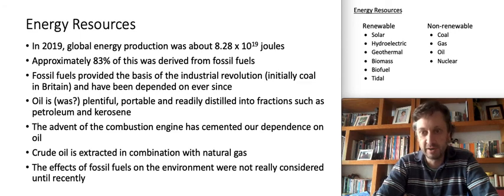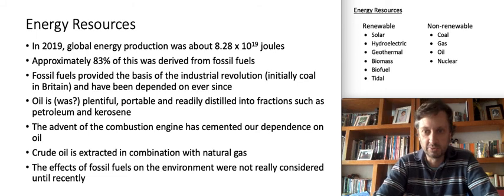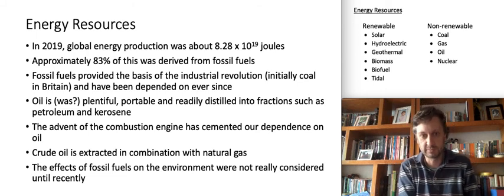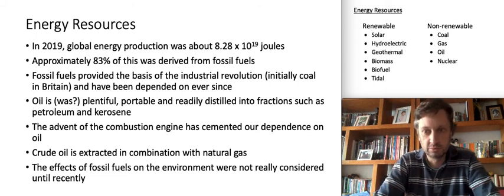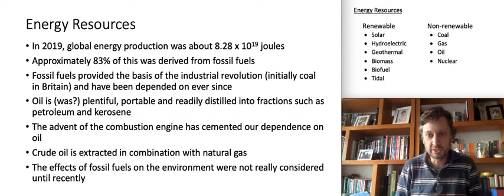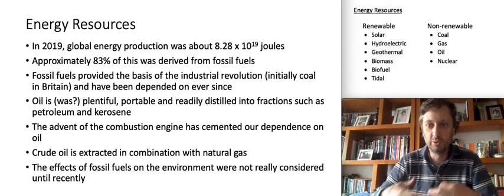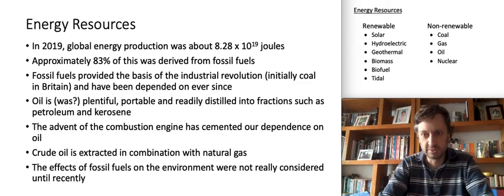It's very, very portable, which is a big advantage, and you can readily distill it into other things like petroleum, gasoline, or other fractions like kerosene, which is jet fuel. When the combustion engine came along, not too long after the Industrial Revolution, we became really dependent on fossil fuels as our means of transportation and power.